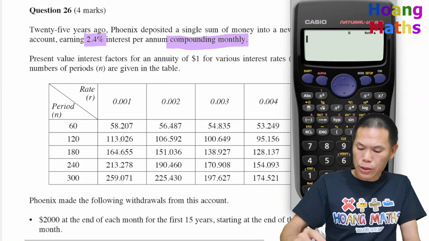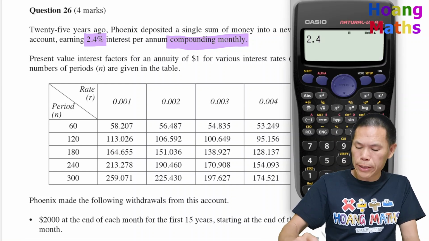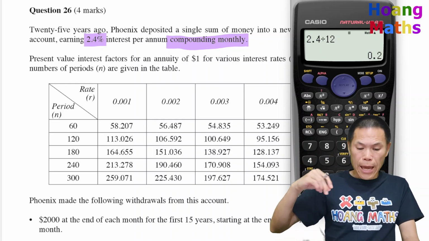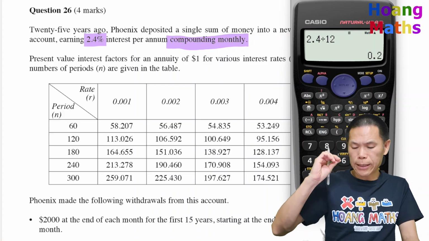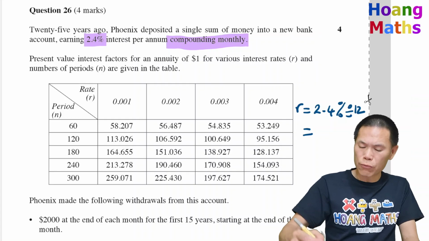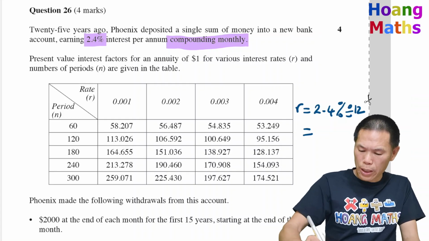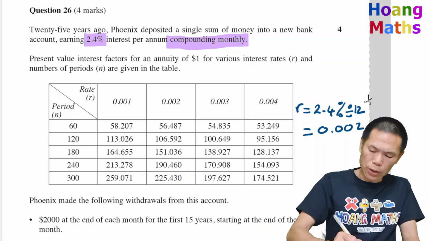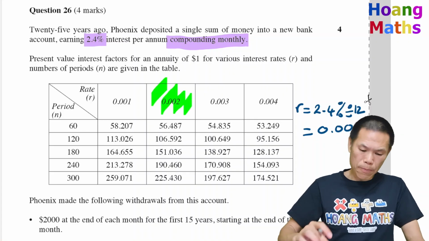That is 0.2. But the annuity table gives us values in terms of decimals, so I just divide by 100. So there you go, 0.002. So that means it's in here. Keep that in mind.